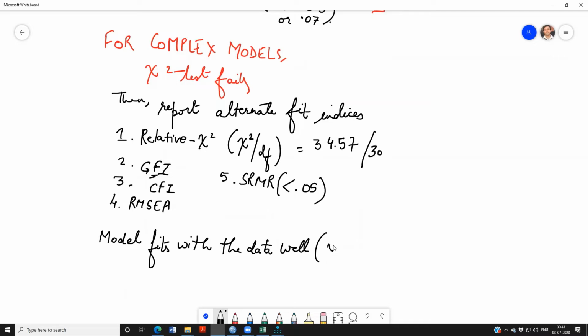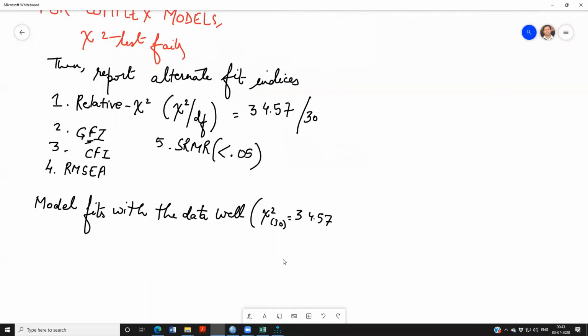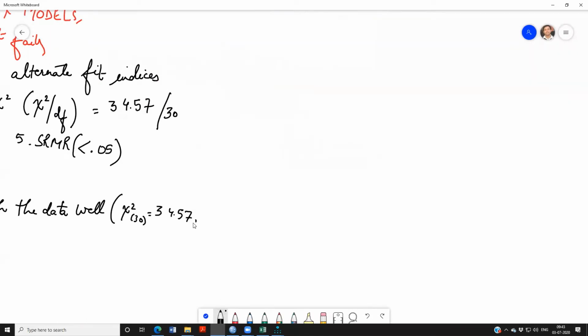Then you will write it like this in your papers: degrees of freedom 30 is equal to 34.57, and the p-value was 0.258; GFI was equal to 0.99; CFI is equal to 0.99; and RMSEA was equal to 0.02.